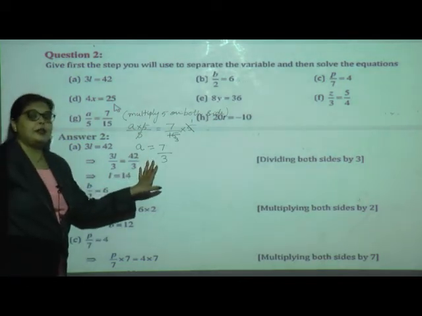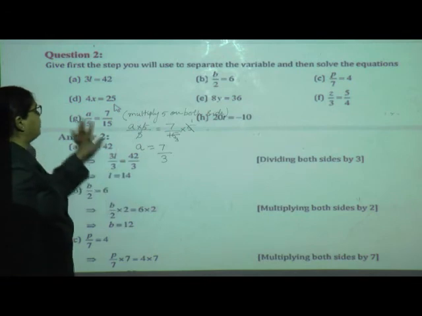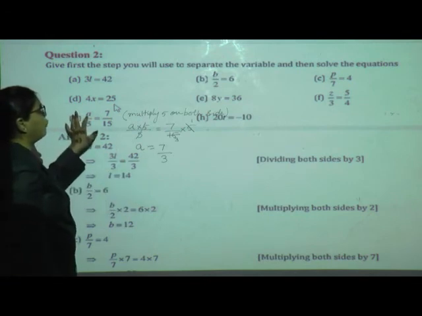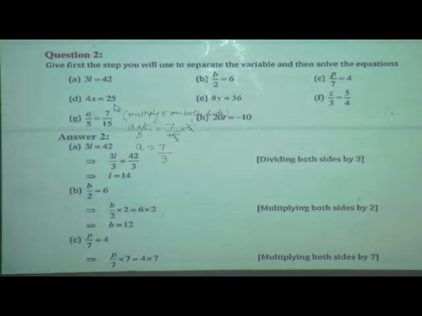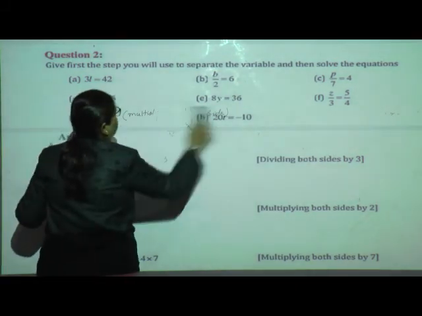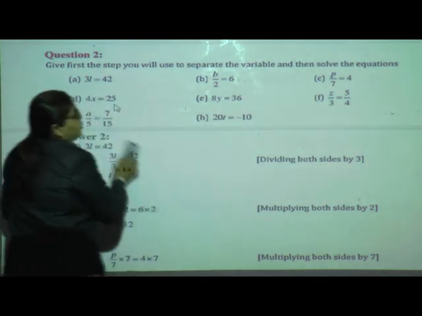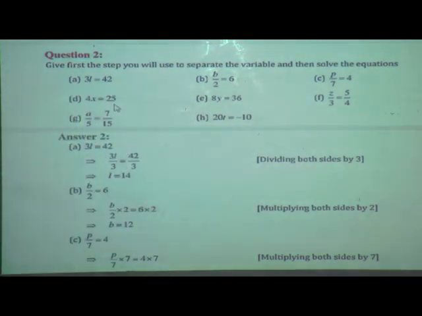If you are feeling that I have the wrong answer, we can check by substituting the value of a as 7 upon 3, and we can verify whether the value of the variable we got is correct or not.